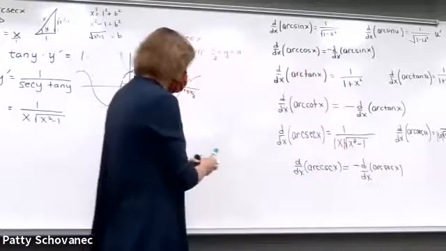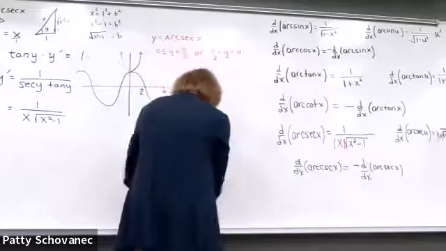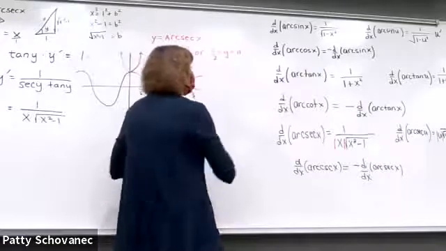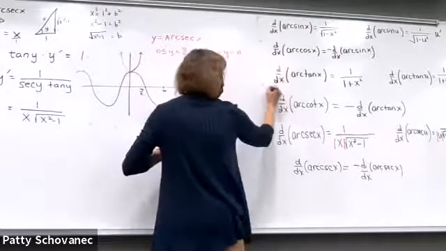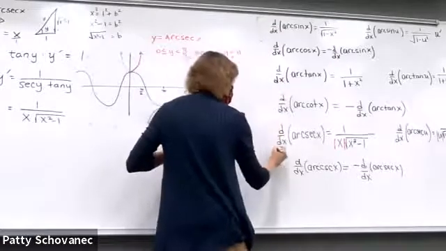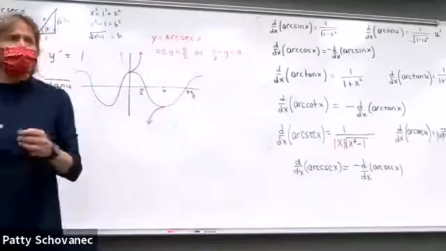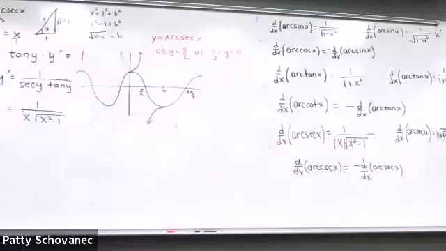So in other words, just learn these derivatives. This one, and that one. And then their co-functions, or at least their arc co-functions, have the same derivative, but negative.